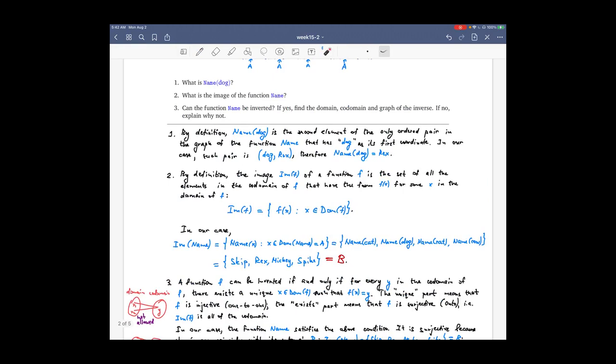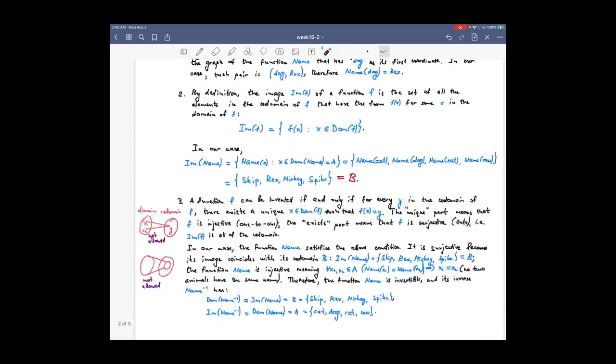So we have determined that name is invertible. We found its domain, codomain, and what's left to do is to find its graph.